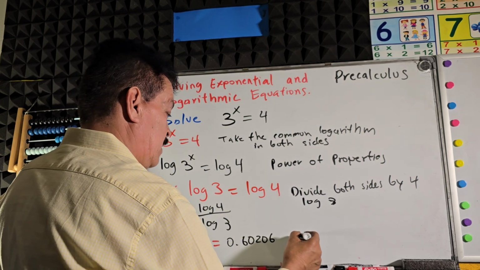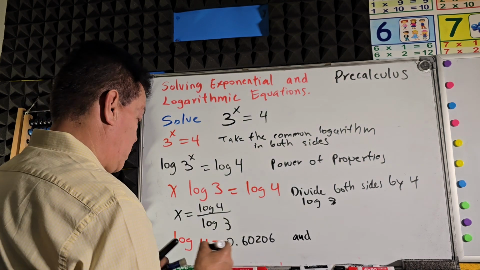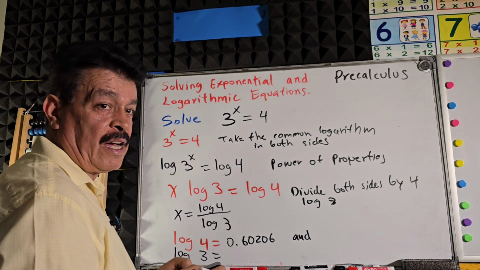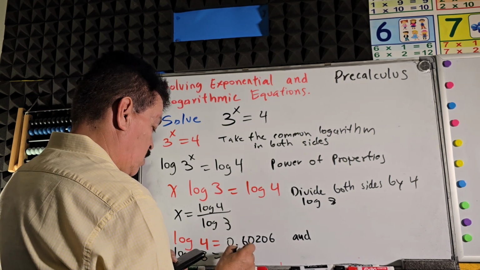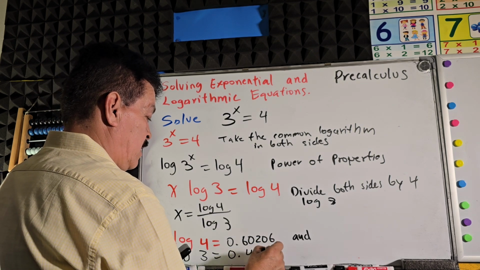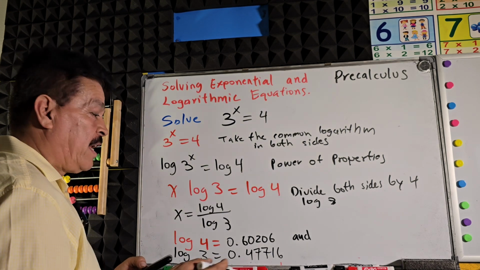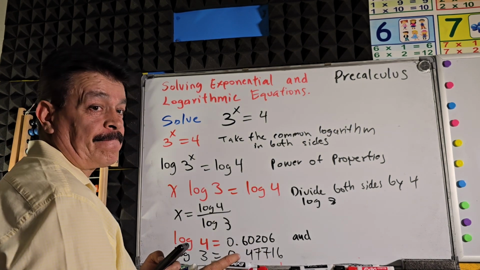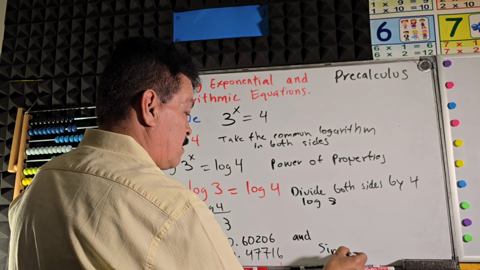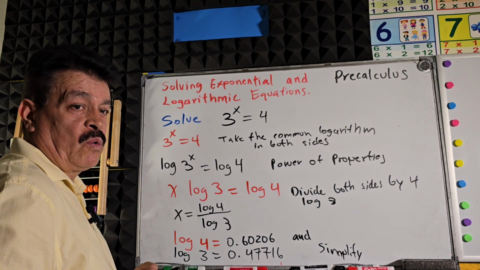And also log 3 equals 0.47712. What is the answer? 0.47716. Okay, so now simplify this step. After this we have to simplify.